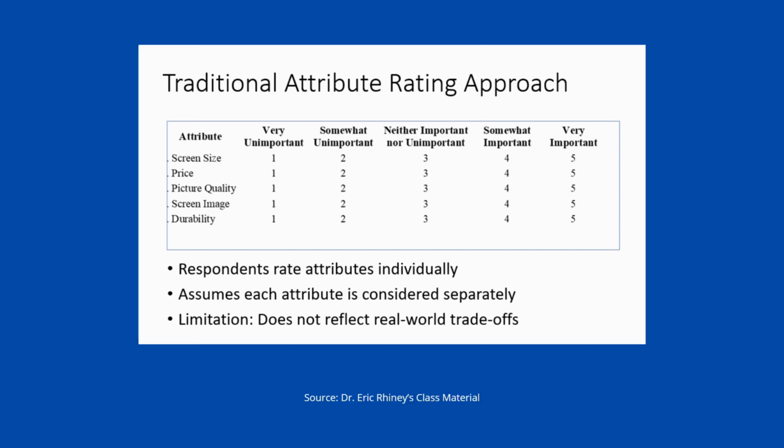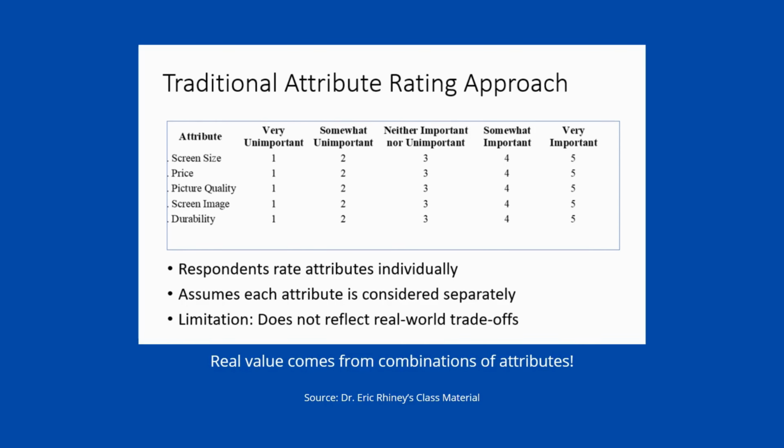And we can see that in this type of survey, respondents can rate attributes individually, which assumes that the decision is made on just one attribute that is the most important. So that's the limitation of this type of approach, because it's not reflecting how we consider the overall factors when we make a purchase decision.